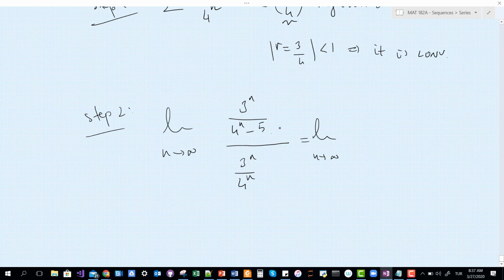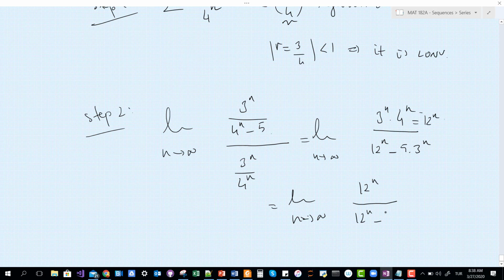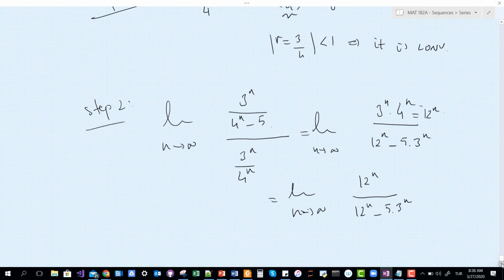I should use some algebraic operation. 3 to the n times 4 to the n, and the bottom will be equal to this one, 12 to the n minus 5 times 3 to the n. This is also equal to 12 to the n, guys, right? So let me write it down in a better way. 12 to the n and 12 to the n minus 5 times 3 to the n. Okay, what else?